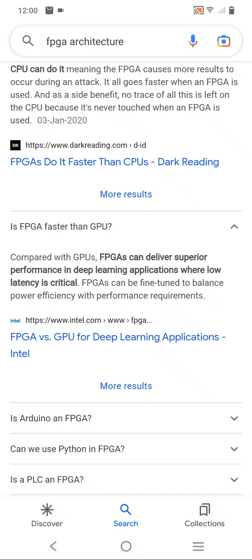And deep learning performance: FPGA can deliver superior performance in deep learning applications where low latency is great. So deep learning performance can be improved by FPGA.